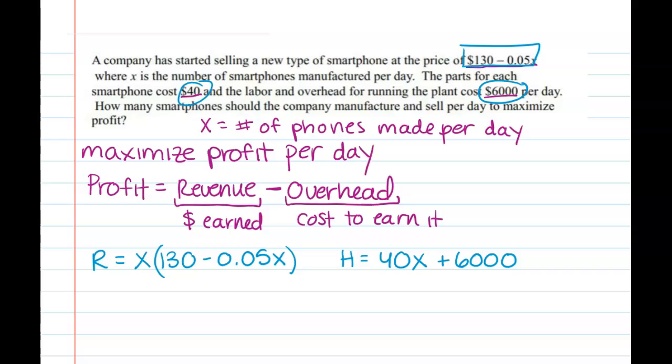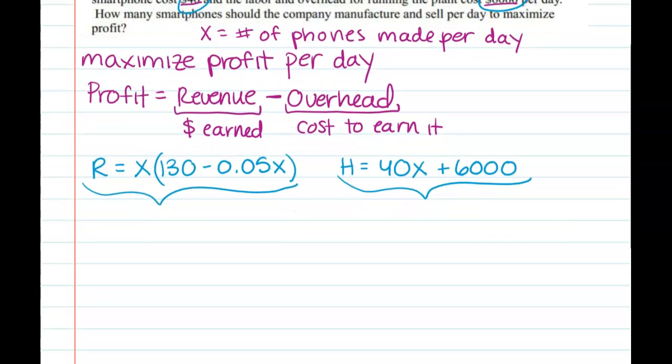So in a given day, our revenue is the number of phones times 130 minus 0.05 times the number of phones, and overhead is 40 times the number of phones plus $6,000, because no matter how many phones you sell, you pay $6,000. So back to our profit equation, which is what we're trying to maximize.